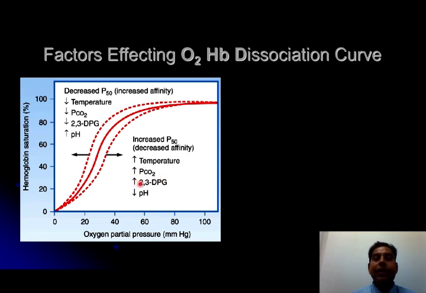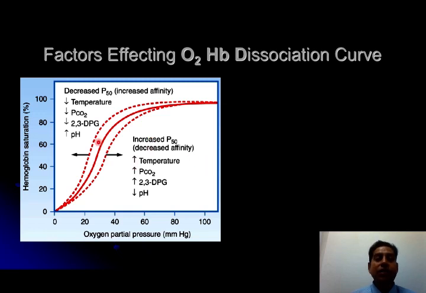The third is an increase in the 2,3-DPG, which is now called 2,3-BPG or 2,3-bisphosphoglycerate. The fourth is an increase in the hydrogen ion concentration, which can also be said to be a fall in the pH. All these factors will decrease the affinity of oxygen for hemoglobin. That means the curve is shifting to the right.